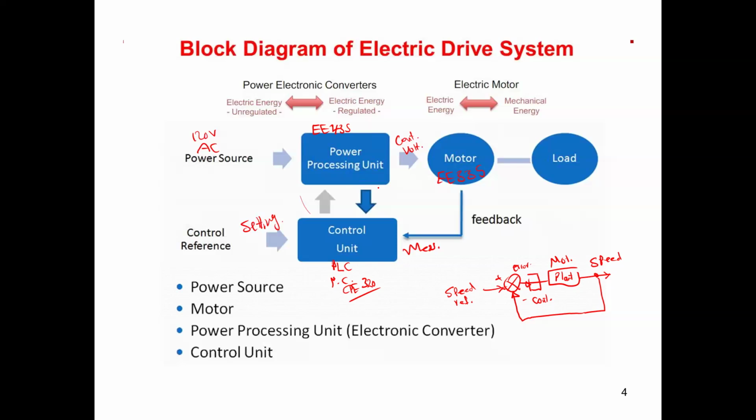In this example, it could be from AC to DC, or AC to controlled AC, or DC to AC. So any form of electrical power conversion from one form to another form is nothing but a power electronic converter. These are the tasks you will learn in this course.